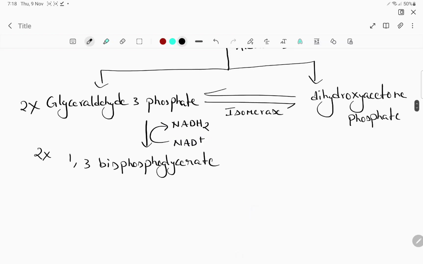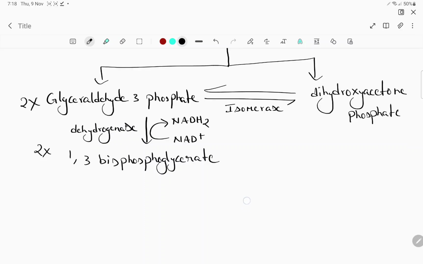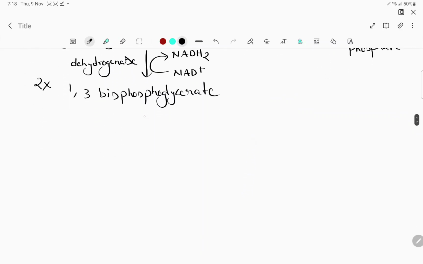So the enzyme is glyceraldehyde 3-phosphate dehydrogenase. I am not writing the entire enzyme name. 1,3-bisphosphoglycerate is converted to 3-phosphoglycerate.